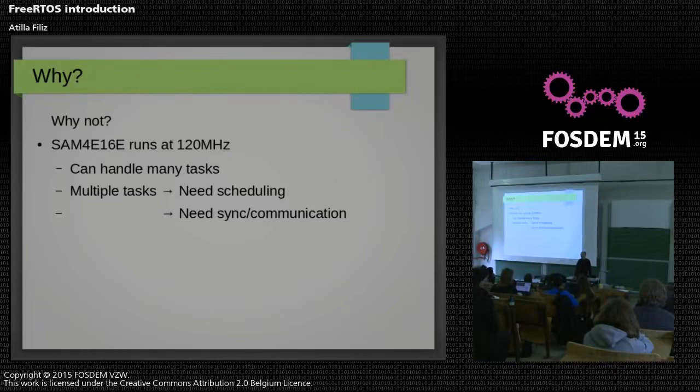And as long as you want to do multiple things with a single chip computer, you will want to schedule them, prioritize them. You need to communicate between your tasks, and you will need to synchronize them. So it boils down to, I have a very powerful single chip computer, so why not use a good operating system on that?